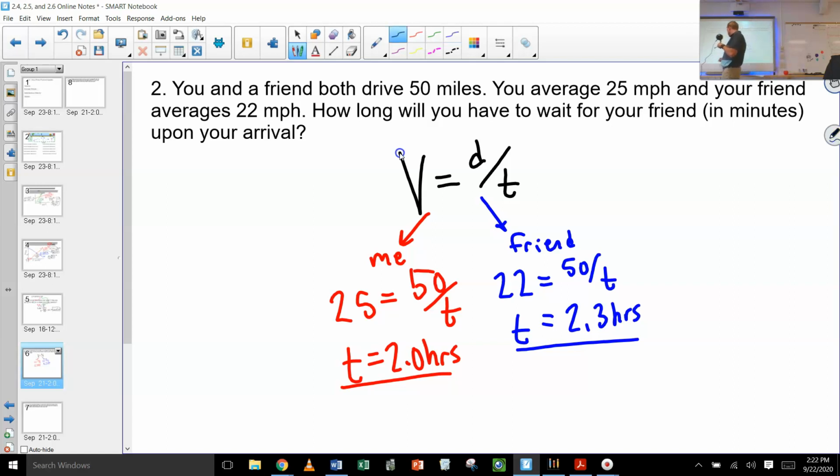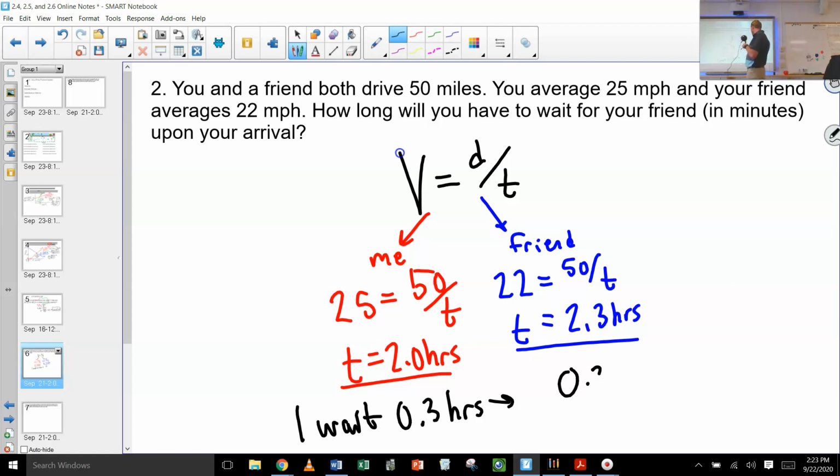I wait 0.3 hours. So I got to change that. The problem says I want to do it in minutes. So I'm going to go 0.3 hours and change hours into minutes using dimensional analysis.